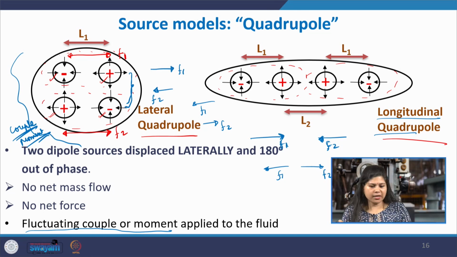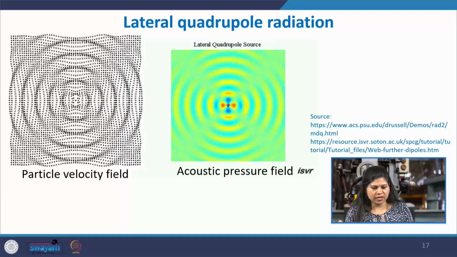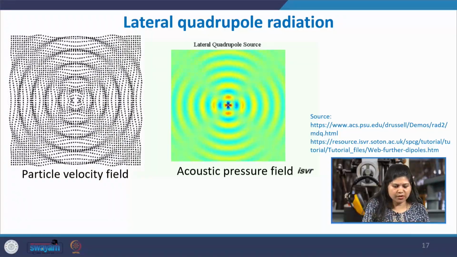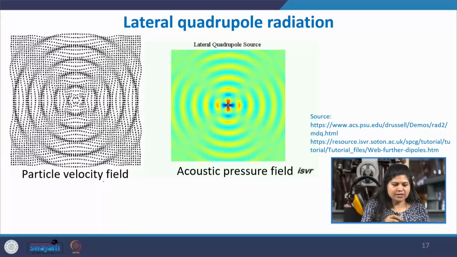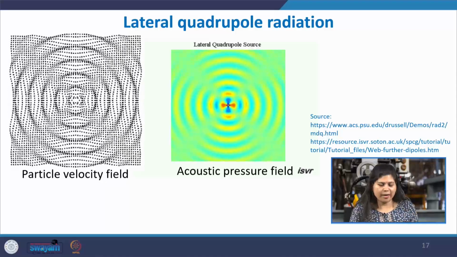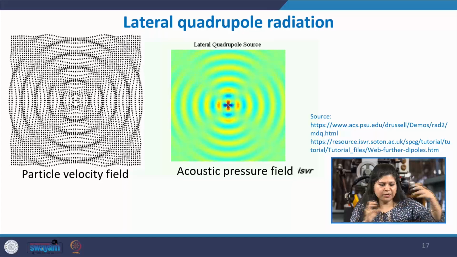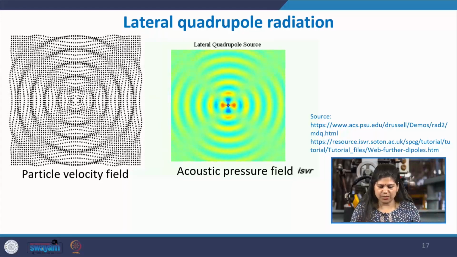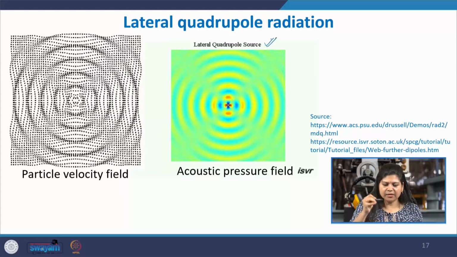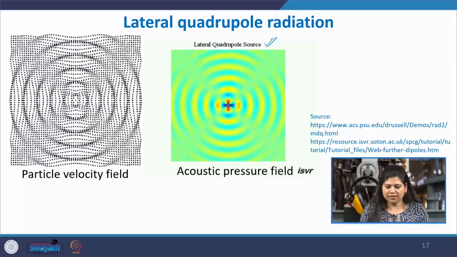Let us see their particle field distribution and radiation patterns. This is for the lateral one. So, it is like 4, you can't say hemispherical, let us say quarter spherical, 4 quarter spherical ripples coming out, all in antiphase with each other. This is the typical sound source field. This is how it looks.